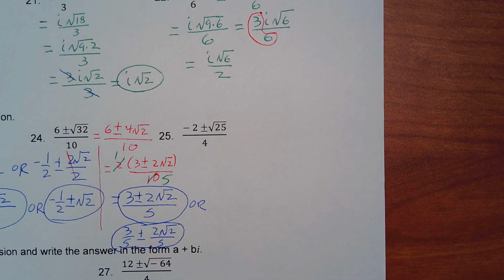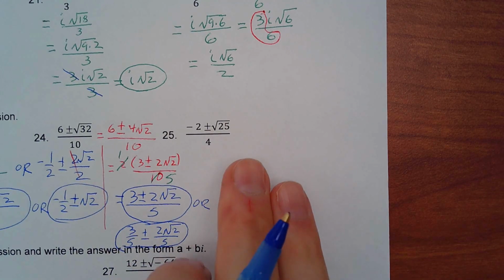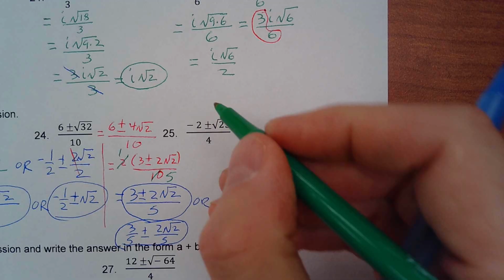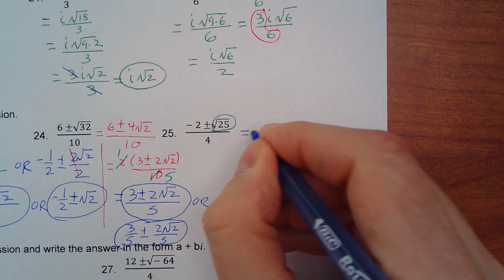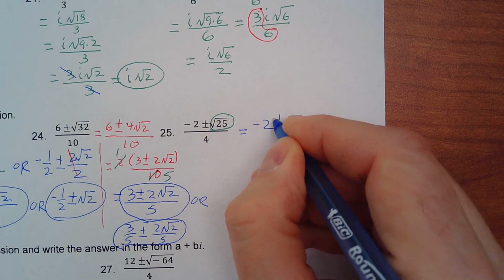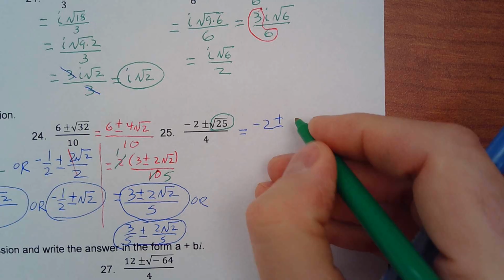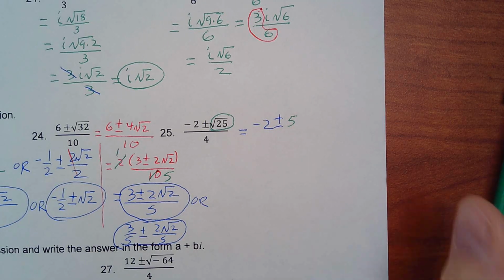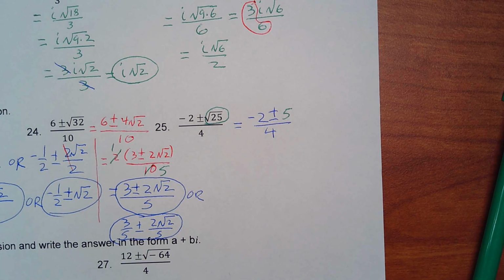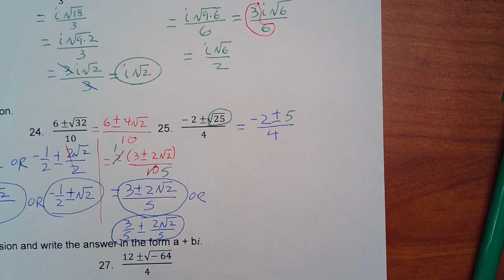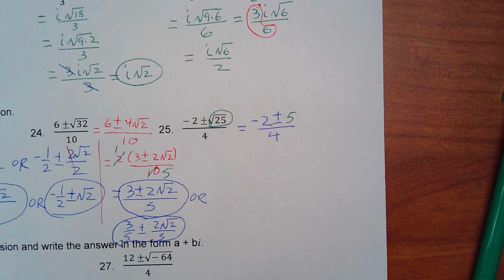Now, let's talk for a minute about when we're actually able to completely simplify a square root. So like here, this square root of 25, I can completely simplify that into 5. Square root of 25 is 5. And I'm actually able to combine the stuff in the numerator because there's no radical left.